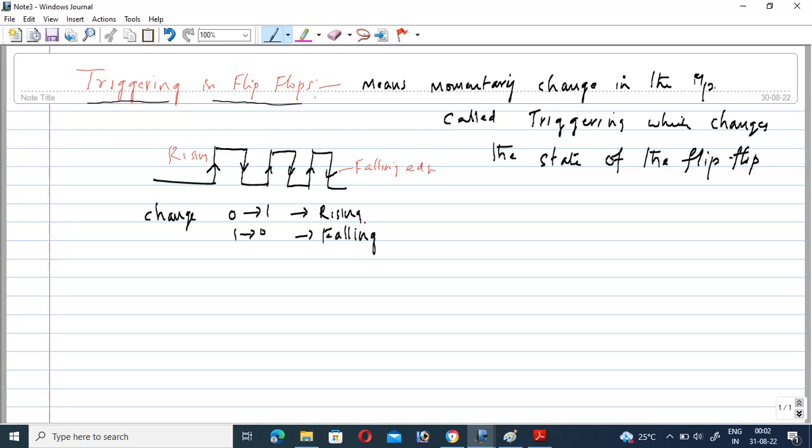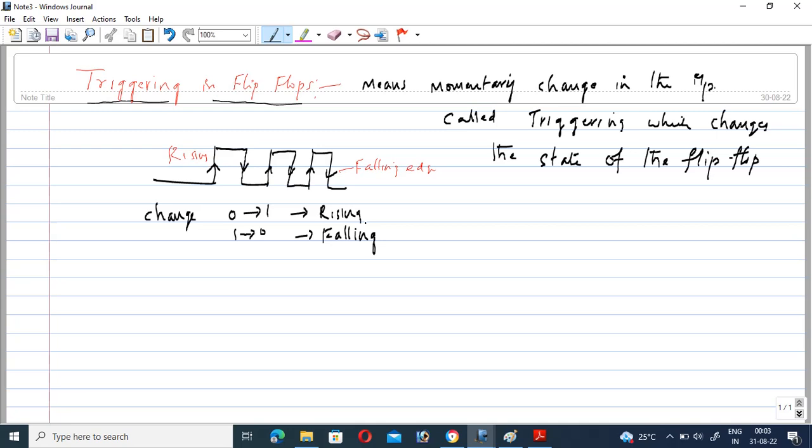Based on the input, a momentary change in the input signal is called a trigger. There are two types by which flip-flops can be triggered.